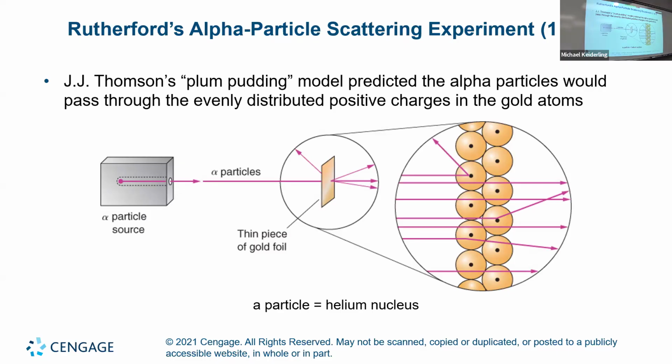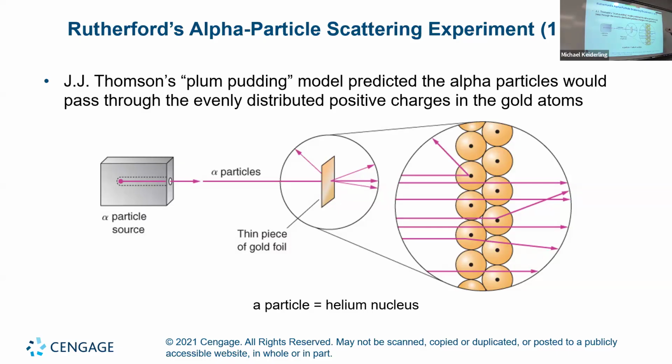This predicted that if we shot alpha particles, which had been discovered by this point and are generated by radiation, they're actually helium nuclei, but people didn't know that at the time, at a very thin piece of gold foil, you would expect them to go through.